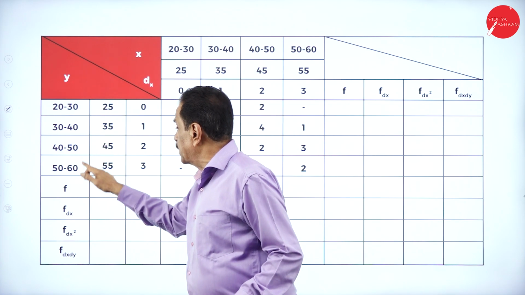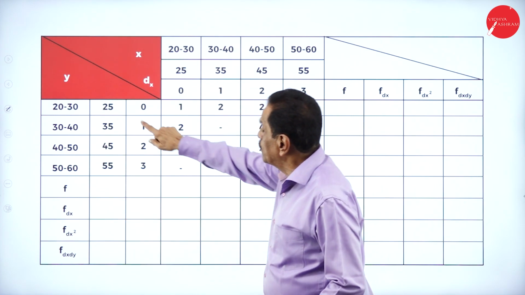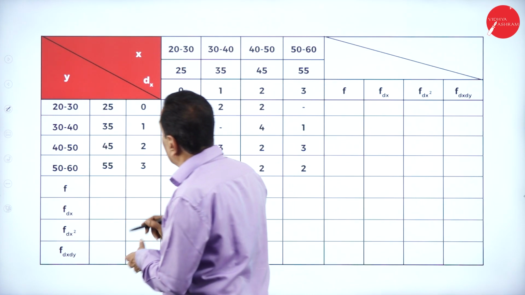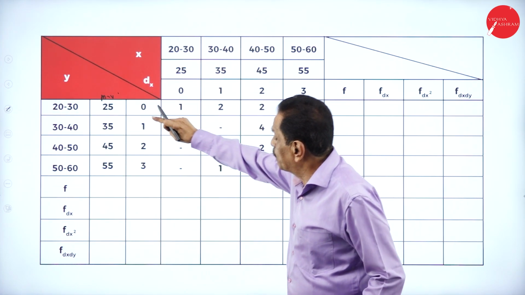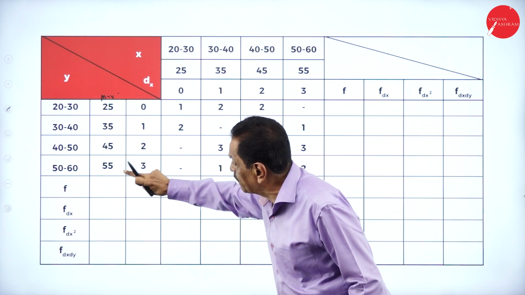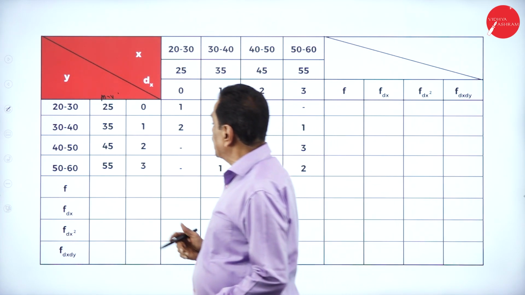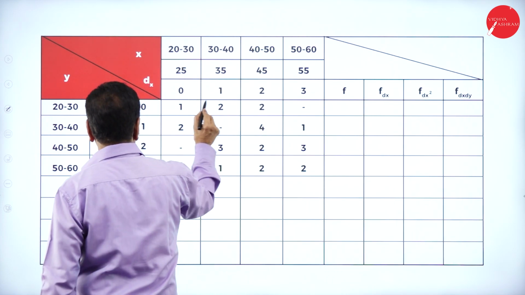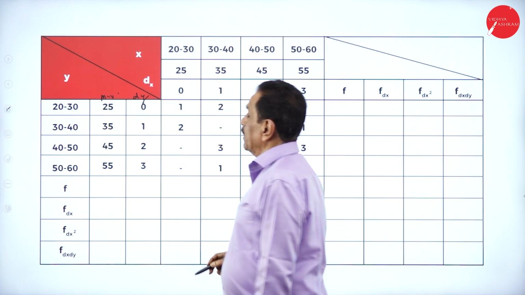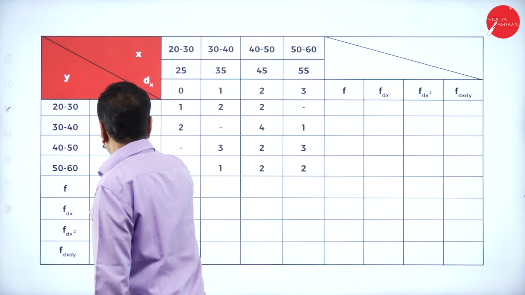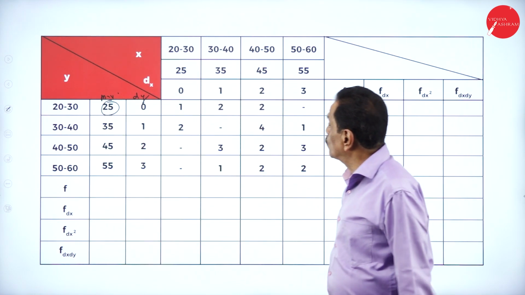The mid values are 25, 35, 45, 55. This is the deviation of Y. Assume 25 as 0, then 1, 2, 3.